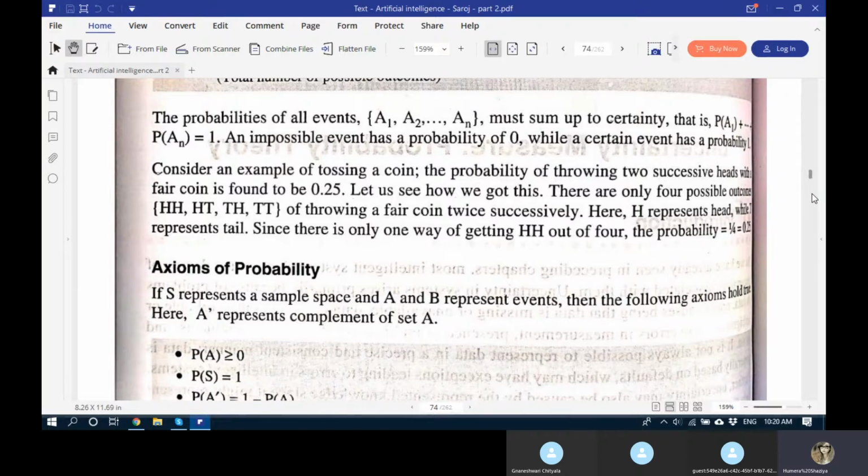It's like throwing a fair coin twice successively. A fair coin you are throwing twice, one after the other. So there are chances that both the times you get head and both the times you get tail, or you get head tail or tail head.